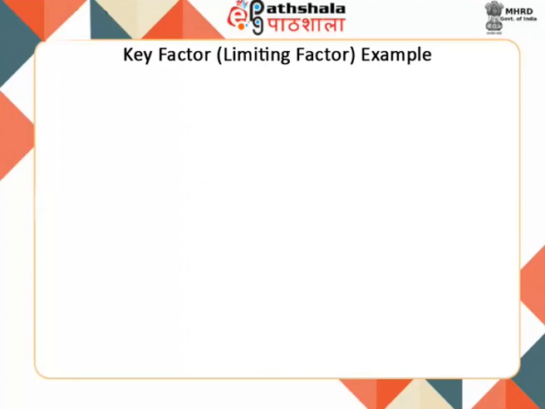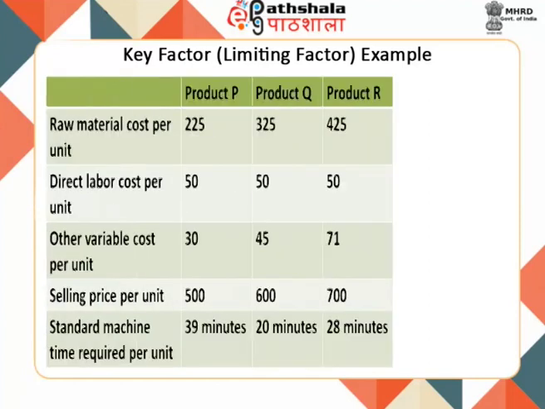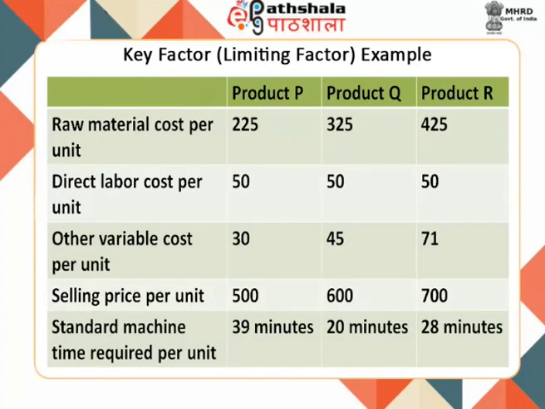Let us consider an example for the same. Suppose a company manufactures and sells three products, P, Q, and R. All the three products are made from the same set of machines. Production is limited by machine capacity.